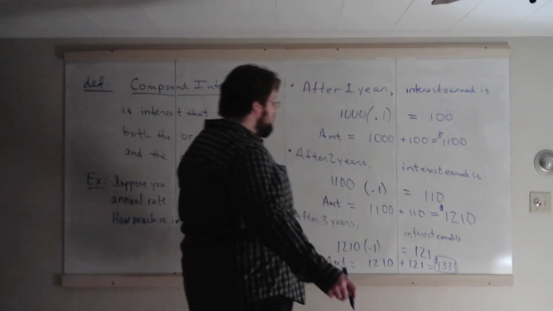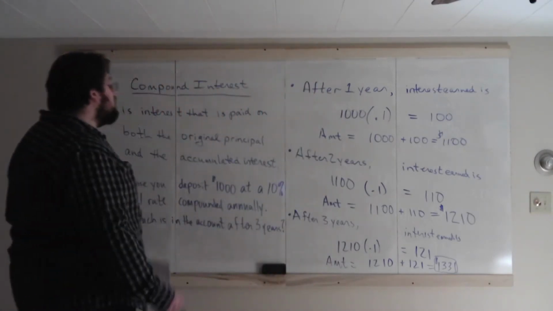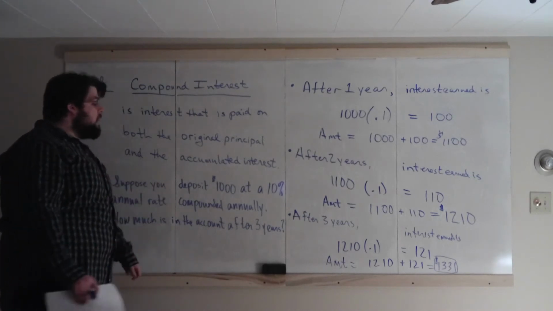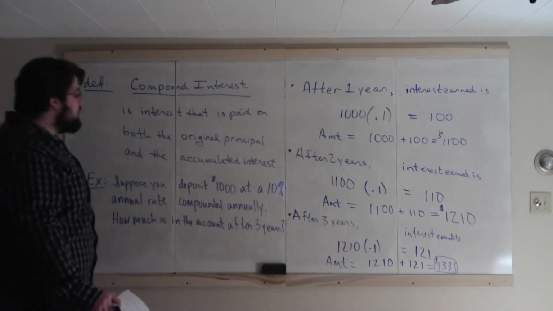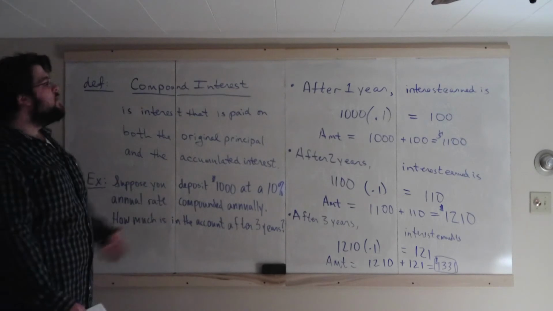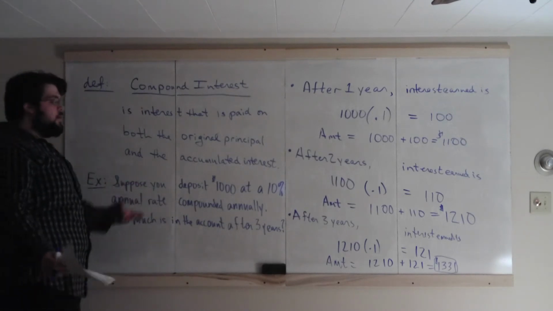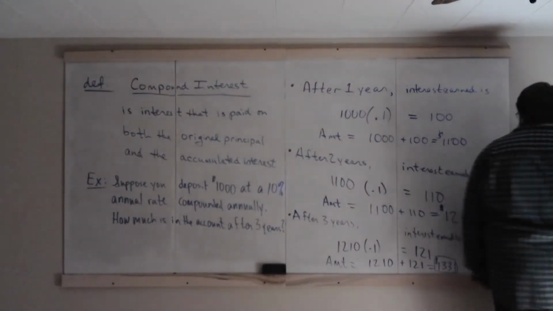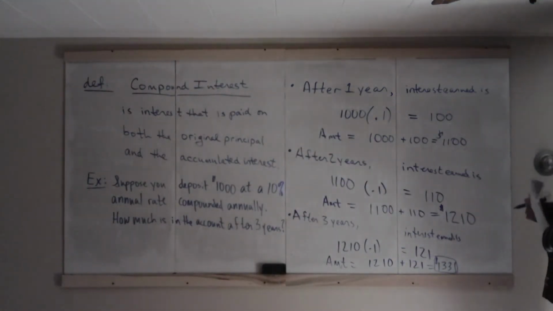Now I know I've seen 1,331 before. So how much is in the account after 3 years? $1,331, as opposed to simple interest, where with these numbers you would have $1,300. So as a side observation, where have we seen these numbers before? Let's ignore zeros.